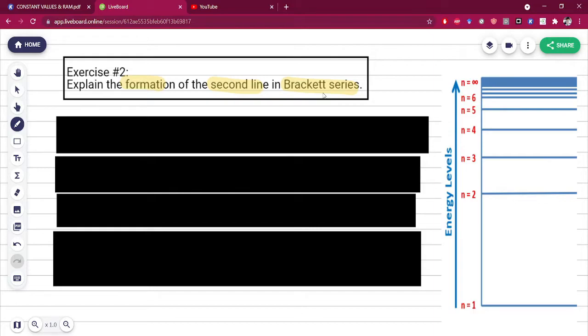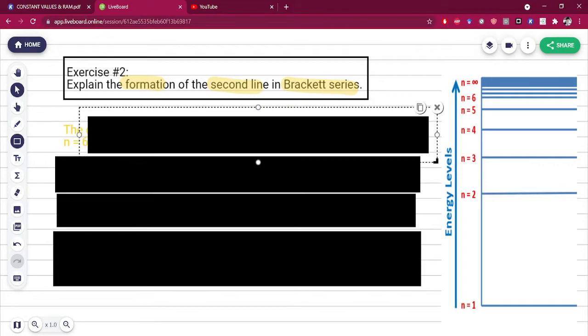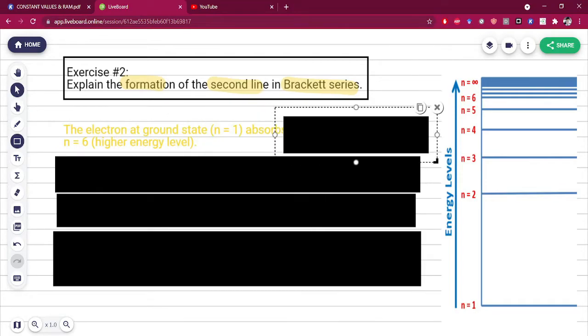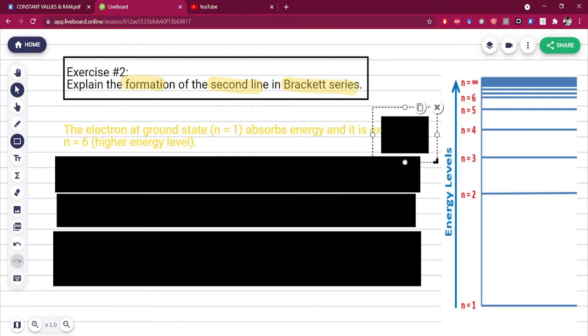So you need to remember the n final for Brackett series when you want to do this. If you look at the first point over here, the electron at the ground state, n equals 1, absorbs energy, and it is excited to n equals 6.